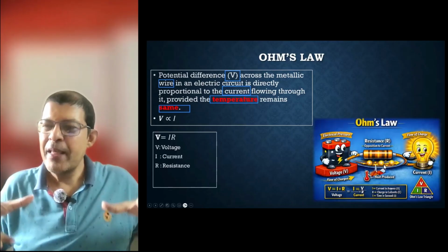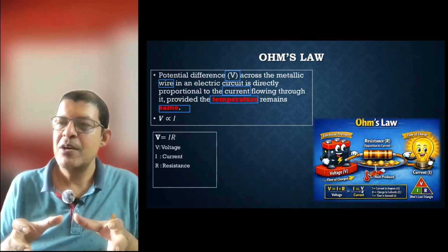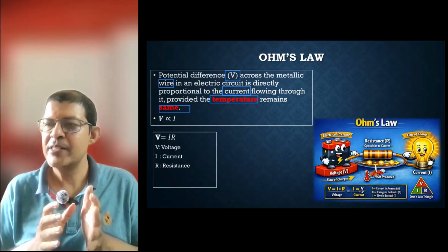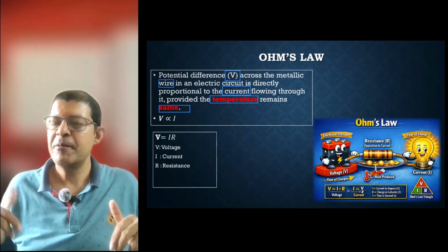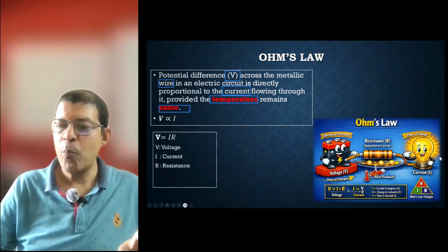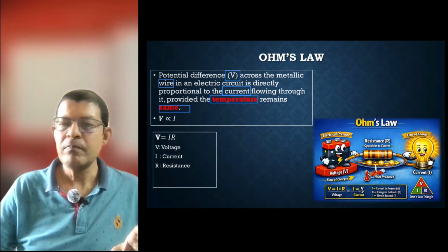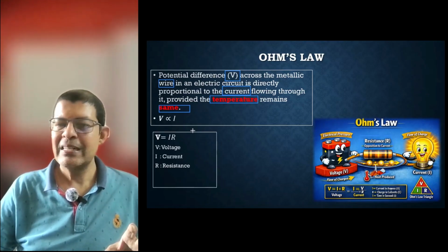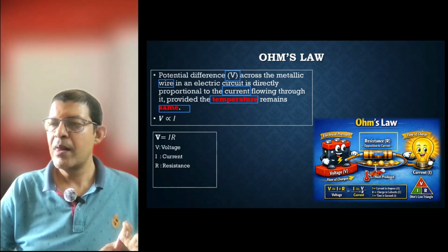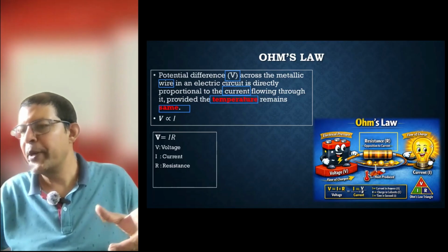Ohm's law says that the potential difference, that is the electric pressure applied by the battery, which is defined as V, voltage, is directly proportional to the current available in the circuit. And this current can be opposed by the resistor. The higher the resistor, the bulb will become dimmer.